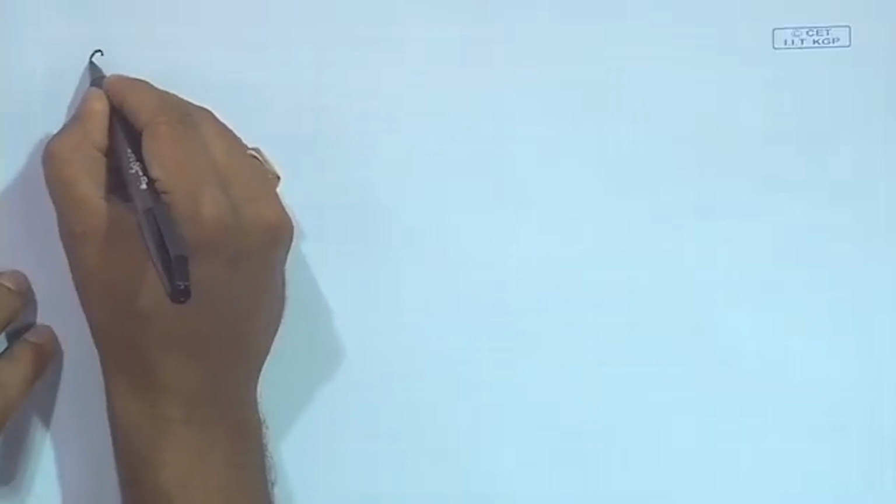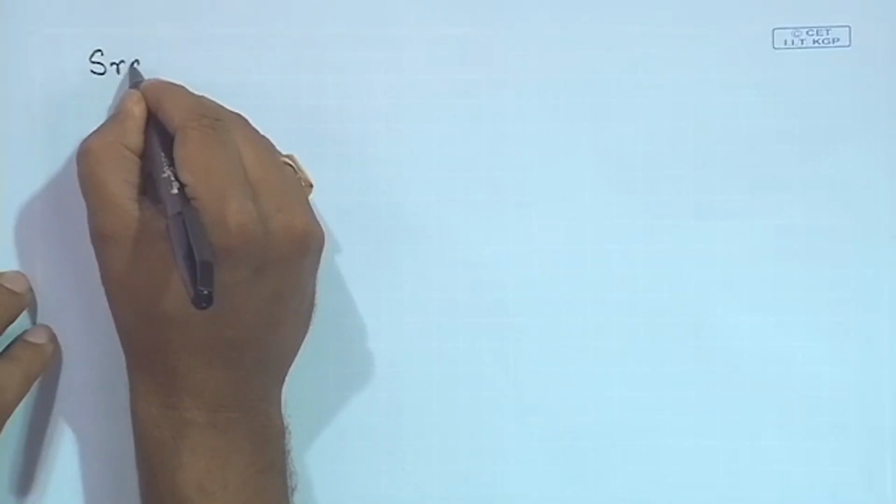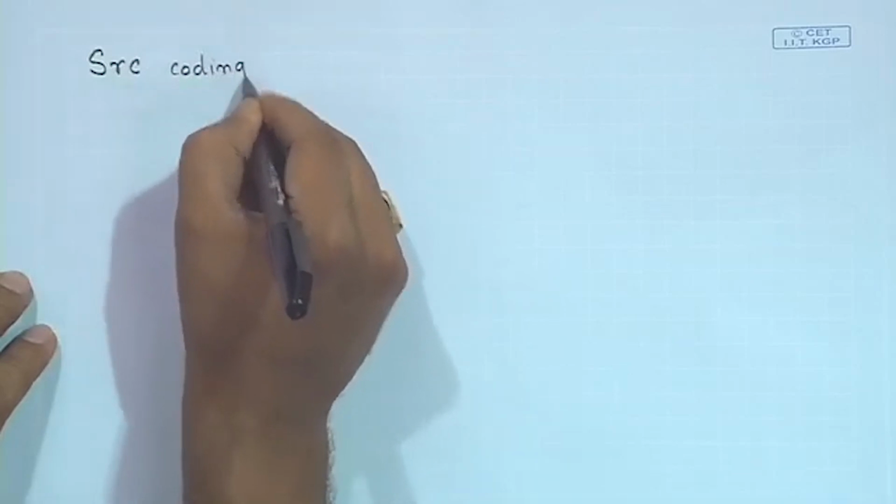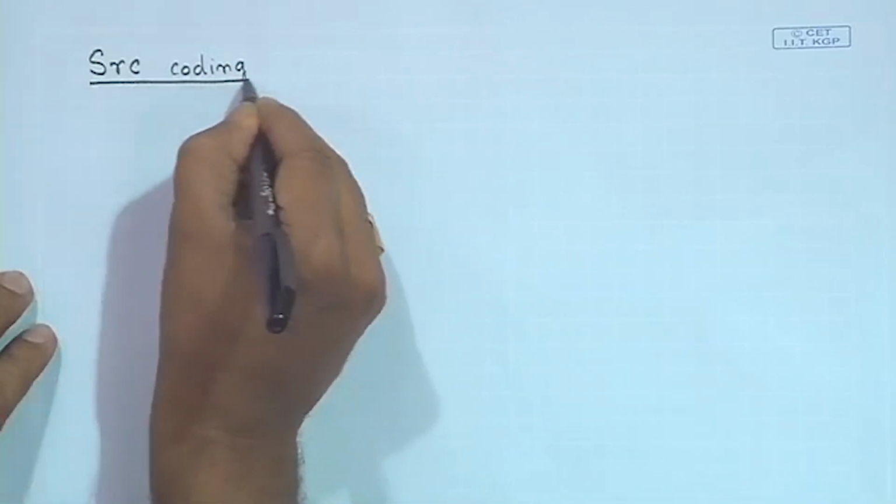So, when we look at the communication systems, we have drawn several times. The first component of the communication system is the source coding part. We have discussed about source in the previous lecture. We said that the source can be thought of as one which generates sequences or symbols. What is important are not the particular symbols, but the choice of the source at that particular instant of time.